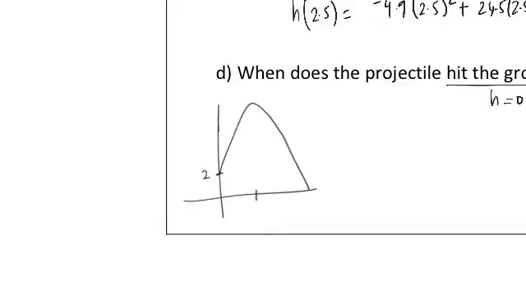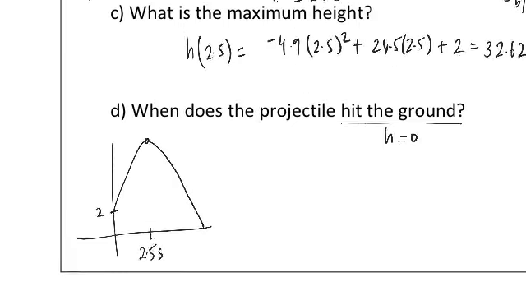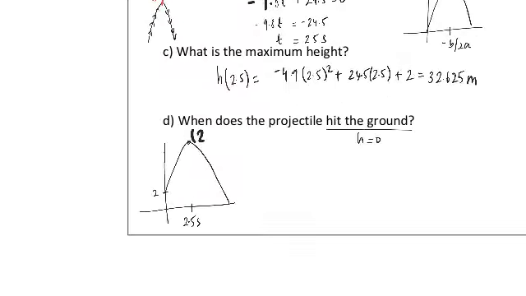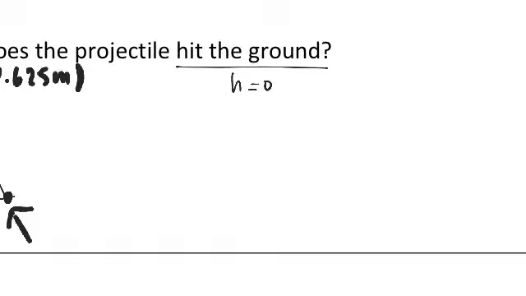We just have figured out that it gets to the top at 2.5 seconds, and we've also figured out that the top is 32.625 meters, right? And now we want to find this, which is the x-intercept of the parabola. So this is actually not calculus at this point, because all we're doing is finding the x-intercept of a parabola.